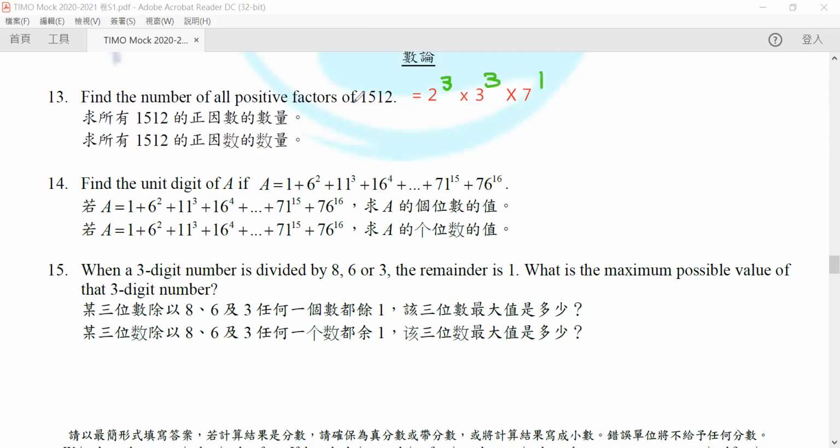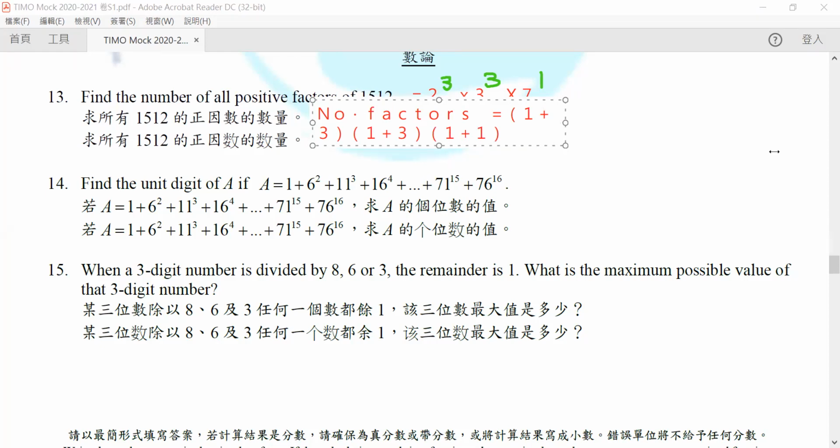So the number of factors, we know that by equation, we can then immediately write down the number of factors, which is equal to 1 plus the exponent, and then multiply them all together, right? 1 plus 3 times 1 plus 3 times 1 plus 1.